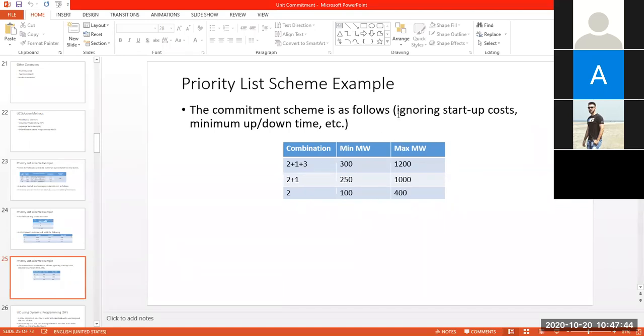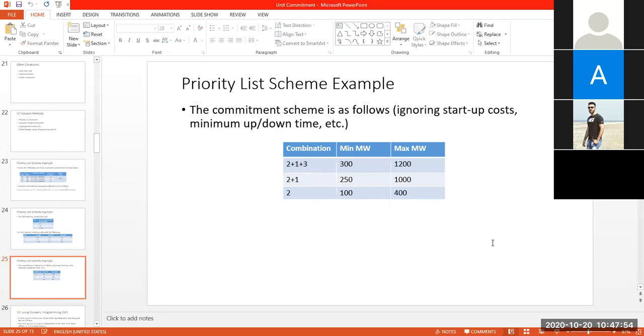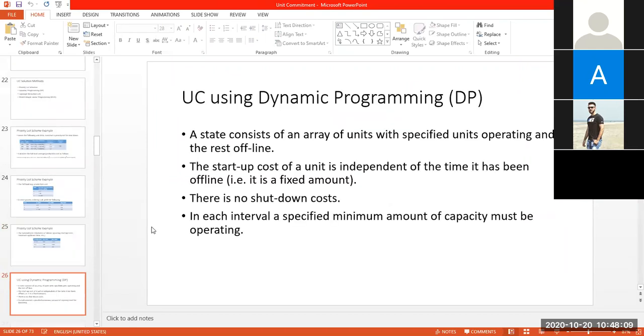But of course, we are keeping the example very simple. We are ignoring all the other constraints related to startup costs or minimum uptime or downtime. So this example gives us a simple idea of how you turn on or turn off the units, how you apply the priority list, and what condition you could choose for prioritizing your units.